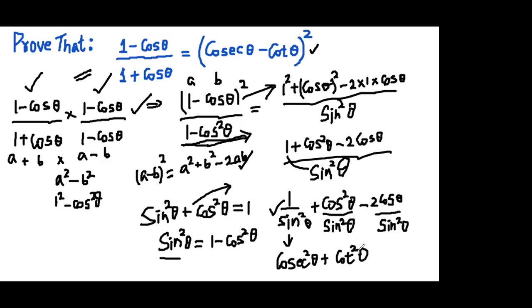And minus 2 cos theta by sin square theta, you can write sin square theta as sin theta into sin theta.